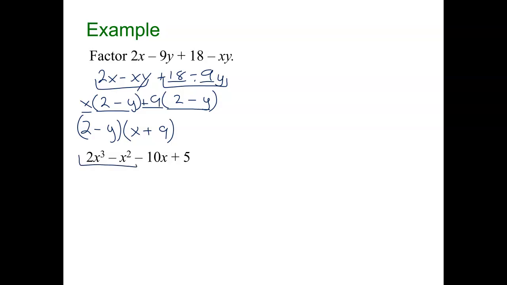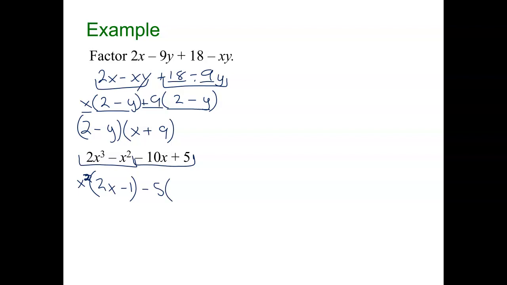Okay? Do I have a common factor here? X squared. That's my greatest common factor is x squared. So what am I left with? 2x minus 1. What am I going to factor out of that? Negative 5. If I factor out negative 5, what am I left with?